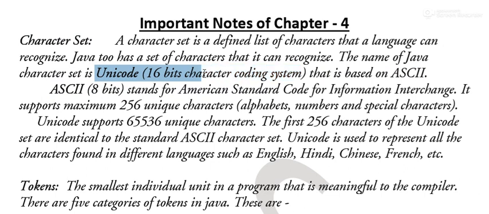It means by using Unicode, you can represent 65,536 unique characters. Since Java can recognize all letters of all the languages available all over world, so it uses Unicode character set.